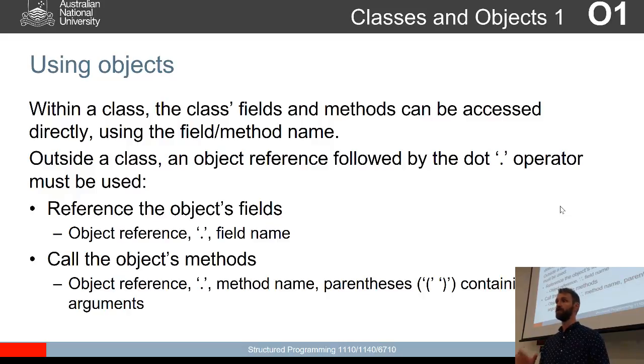If you're calling methods on an object, you need the name of the object followed by the dot operator and then the name of the method. It's the same thing for fields: the name of the object, dot, and then the name of the field. So this is how you access fields or methods of an object from outside. And if you're calling a method, you need to pass the arguments to the method. Empty parentheses means calling the method with no arguments. If you put values inside the parentheses, you're passing in arguments to that method.